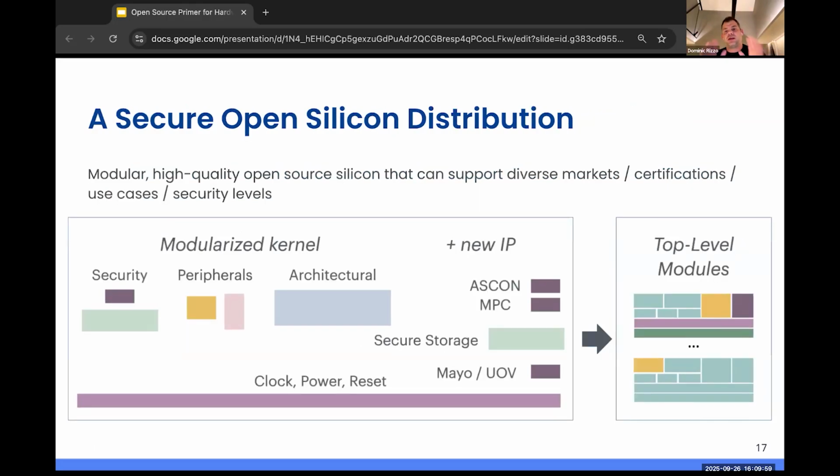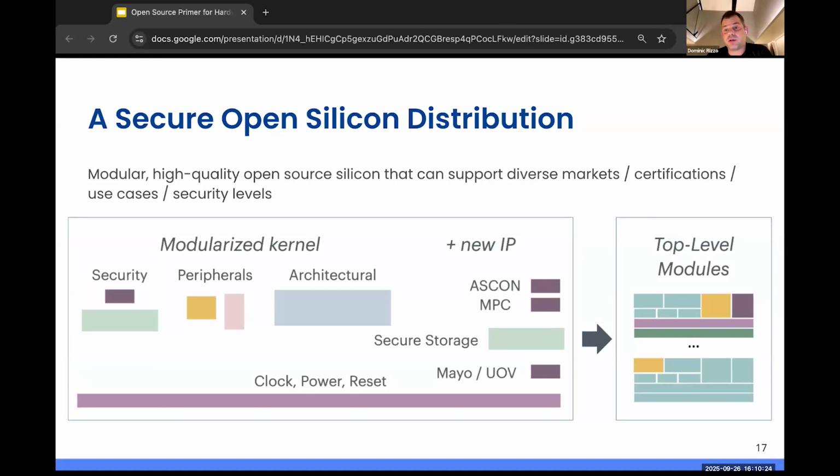And again, I come back to Yocto as a really good example of an open source distribution. What we're really talking about here is building a framework to create a secure open silicon distribution. This is something that is modular, that is high quality and can support diverse markets, certification, use cases, and security levels.